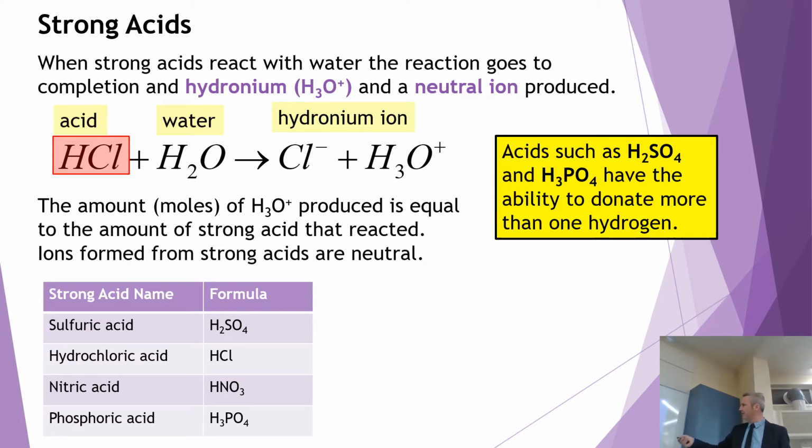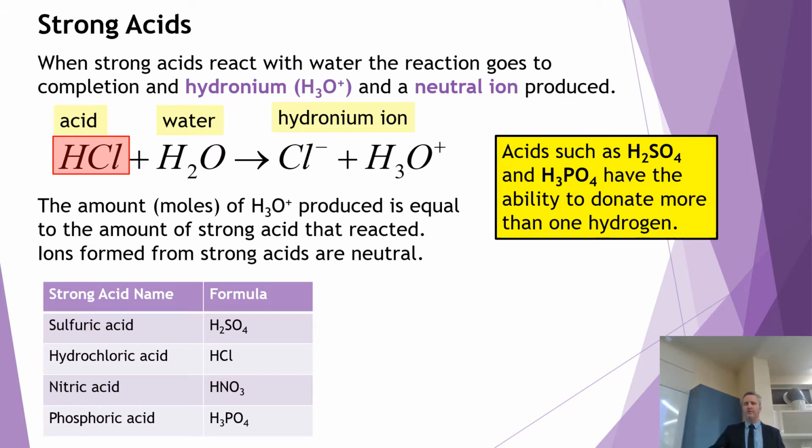But in the same instance, we make this acid particle, which is the hydronium ion. This one here is an acid, yeah? So there are some acids, H2SO4 and H3PO4, that have the ability to donate more than one hydrogen. So what will happen to this sulfuric acid?